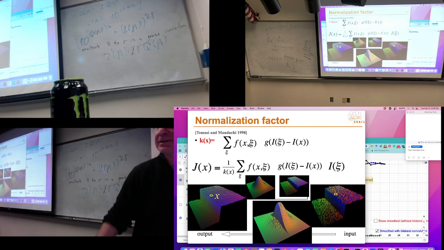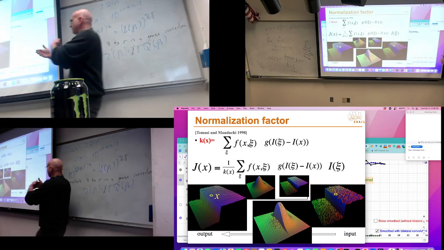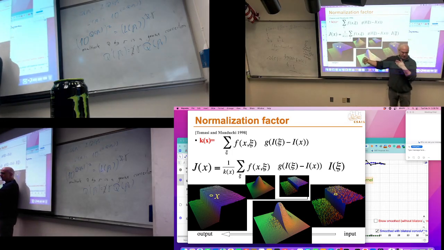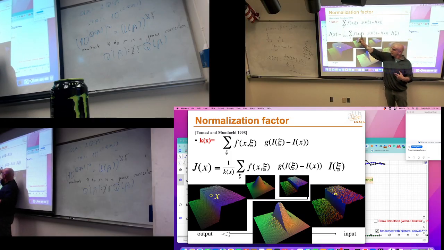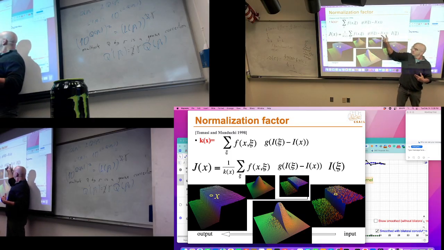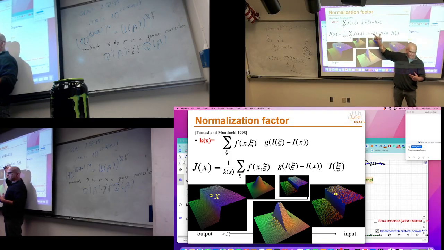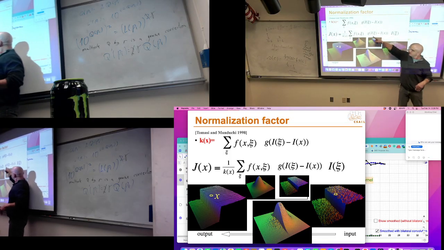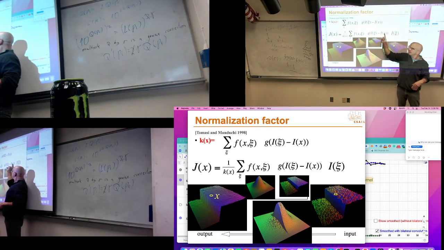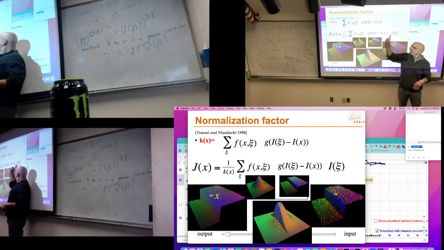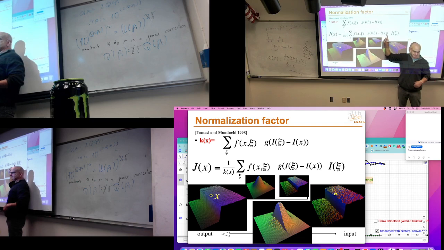F of x and xc is one Gaussian or a block function that says, if xc is where I sampled, and x is where I want to compute, and xc is too far away from x, don't give it any weight. That's based on the geographic distance. G looks at the intensities, the gap of the intensities, and maybe says, based on the intensities at xc and x, I will not give it any weight either.